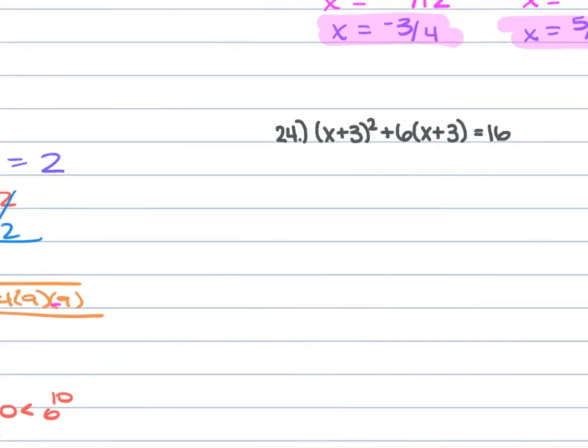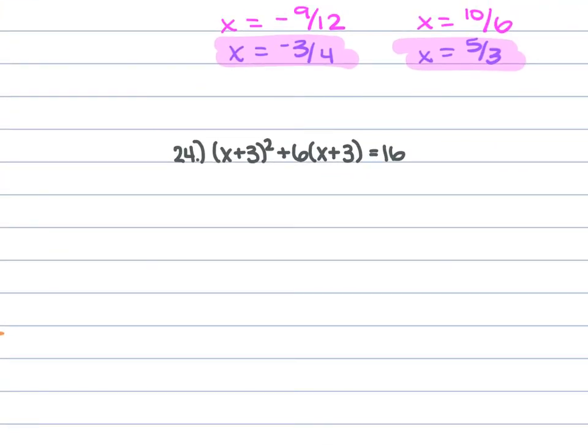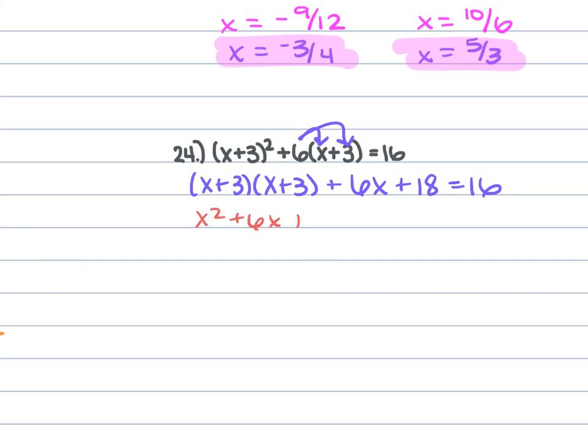For 24, we have x plus 3 squared plus 6 times x plus 3 is equal to 16. So we are going to FOIL the first, and we are going to distribute the second to get 6x plus 18 is equal to 16. All right, so if we FOILed the first, we have x squared plus 6x plus 9 plus 6x plus 18 is equal to 16.